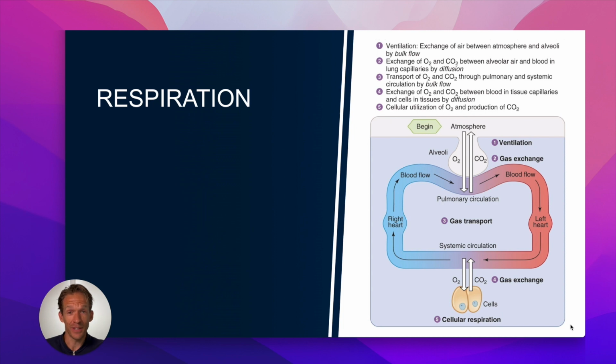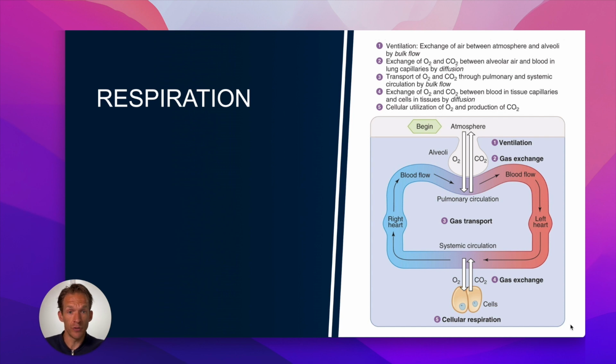In this video, it will be about respiration, and in particular, we're going to look at the process of saturation. Saturation is related to the binding of O2 to hemoglobin. In the previous video, we already introduced hemoglobin and where O2 can be bound.